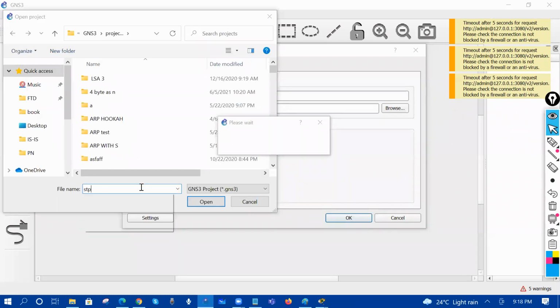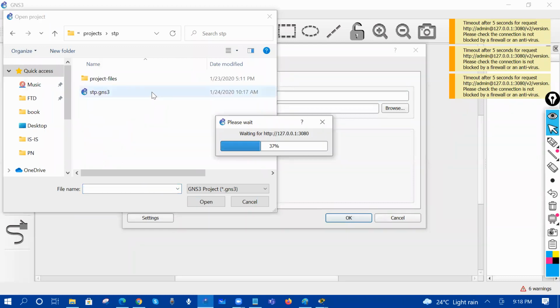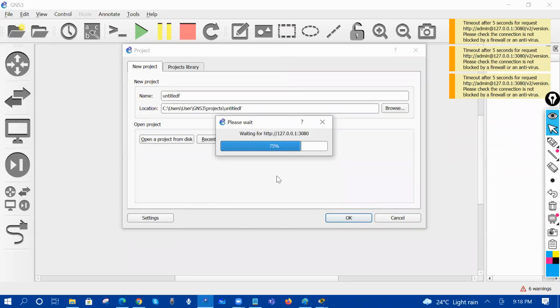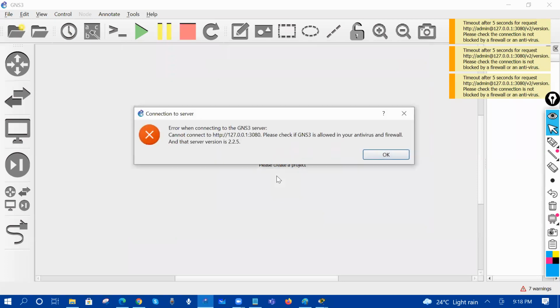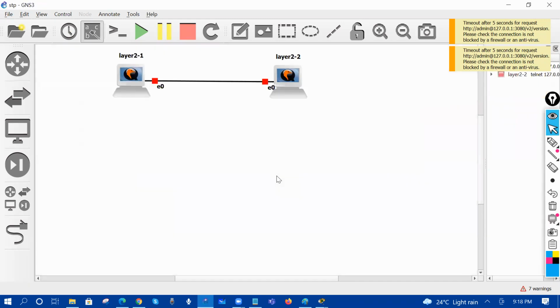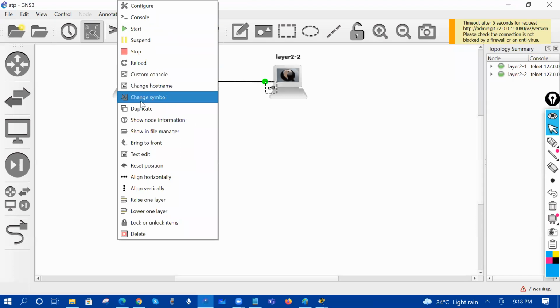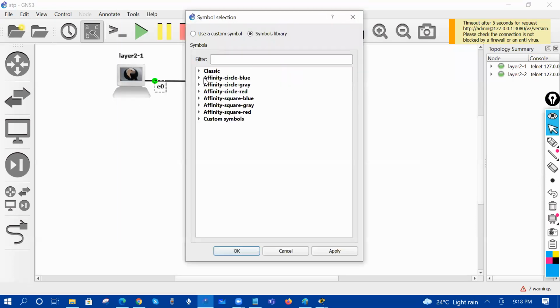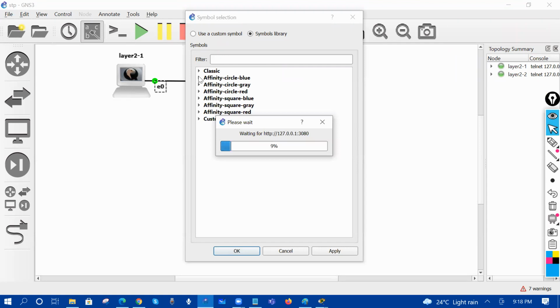Spanning tree. This is actually my switch, not the PC. I changed the symbol.